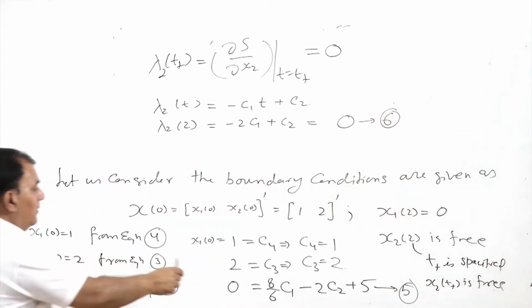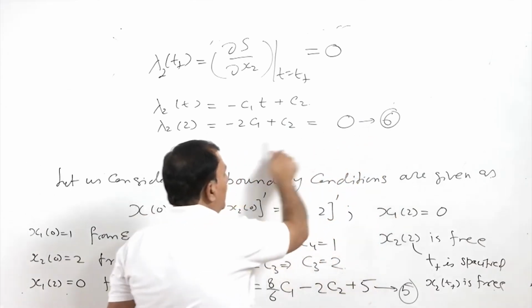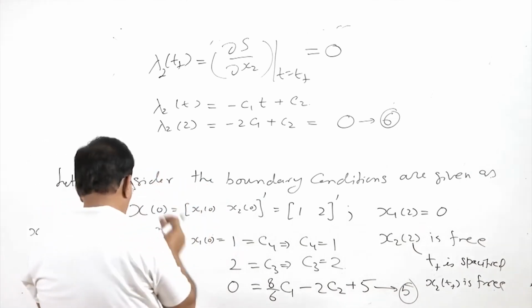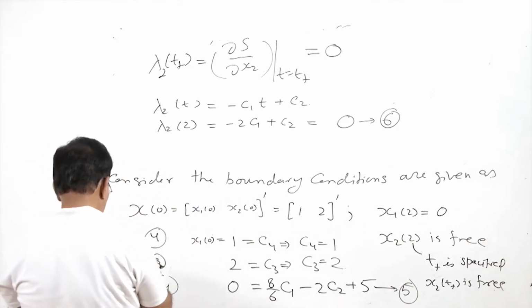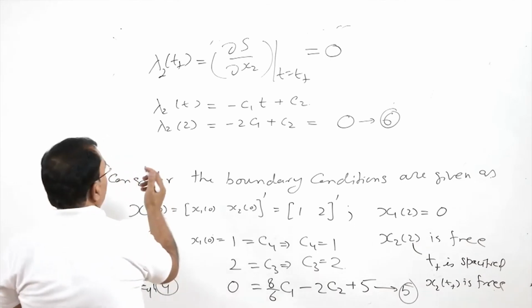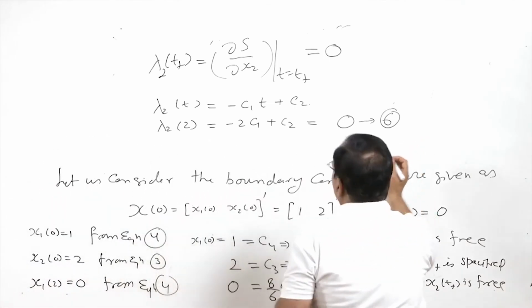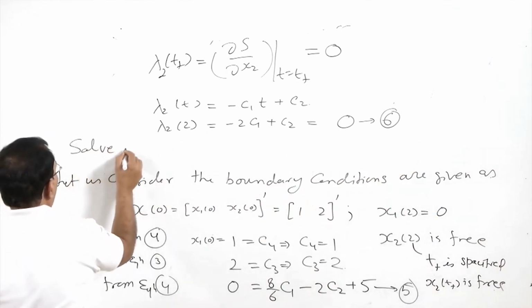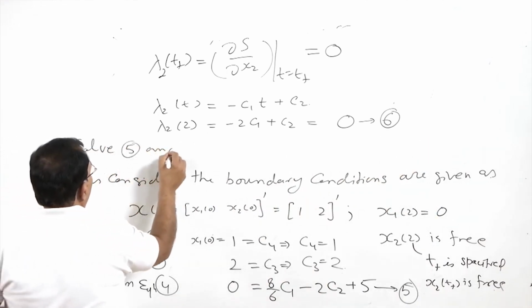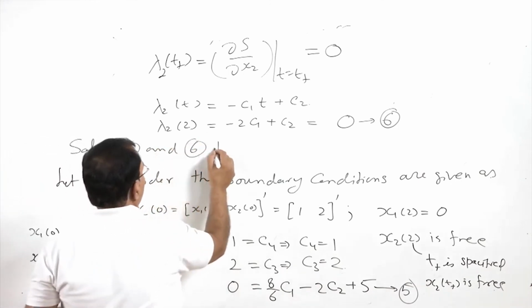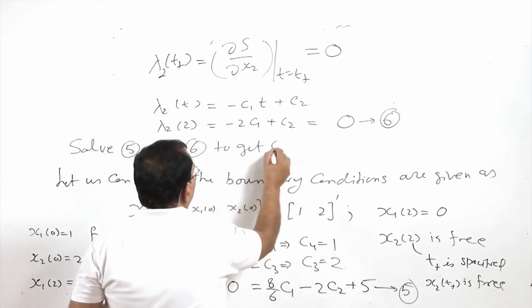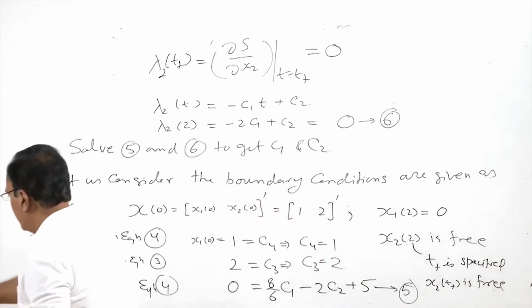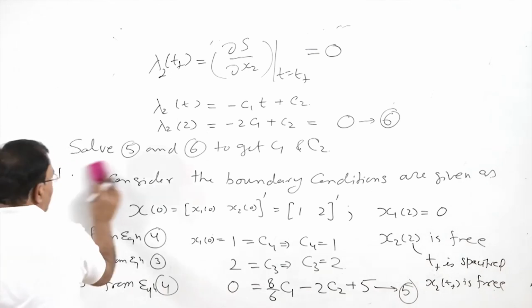So, equation 5 and 6 can be solved to find the value of C1 and C2. What actually are we getting?